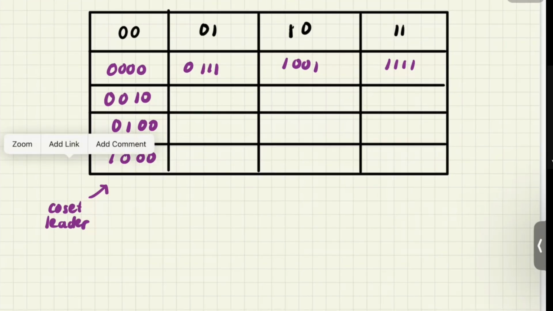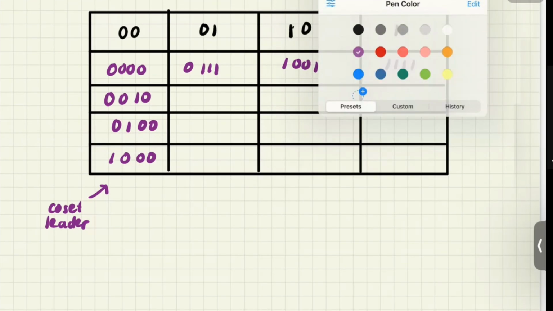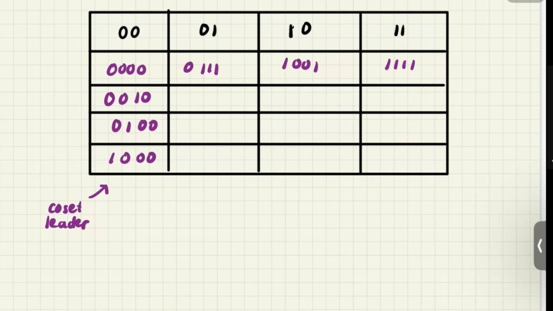So you will get the values. Write down the value between this and this. The distances will be 1111, 0001 and 0111.